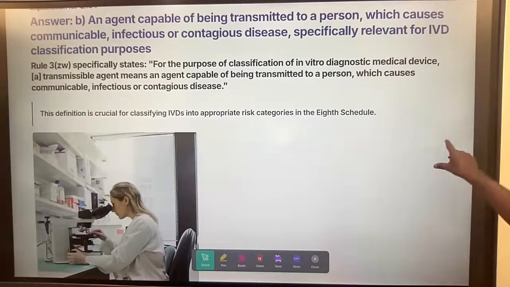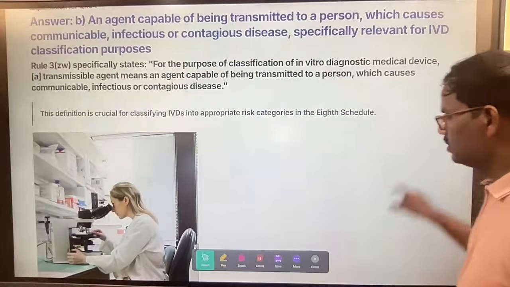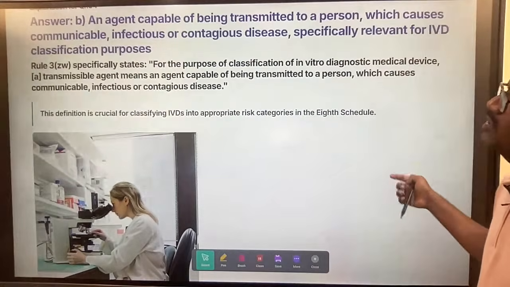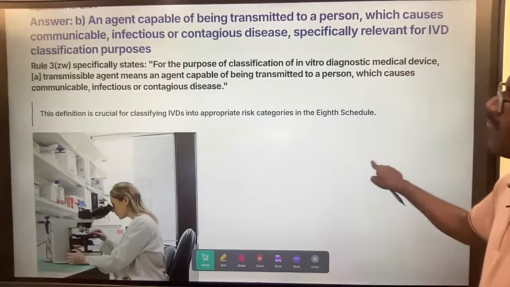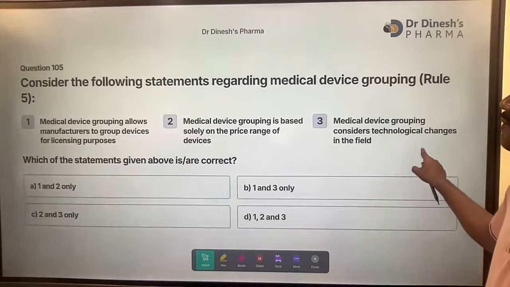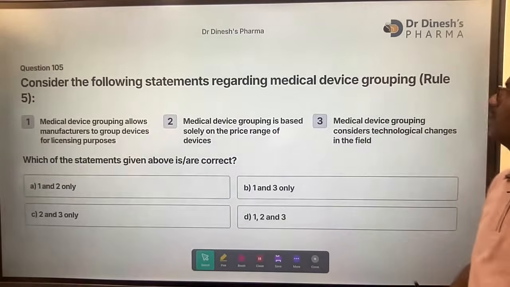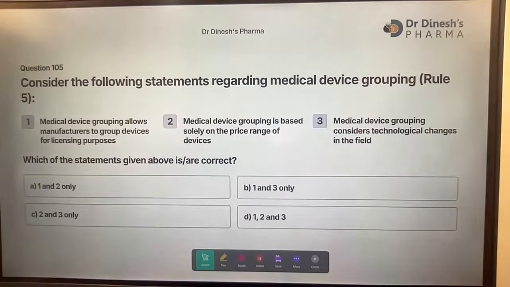Okay, so this definition is crucial for classifying IVDs in the 8th Schedule. Okay, in the 8th Schedule, right? Okay, next question. Okay, next. Consider the following statements regarding medical device grouping. Okay, Rule 5.